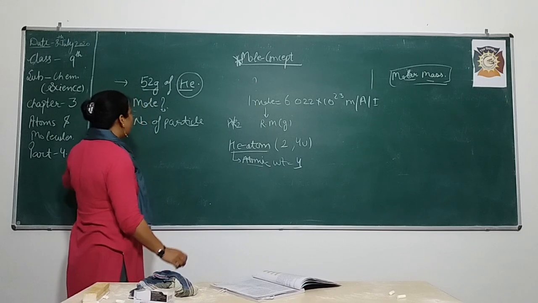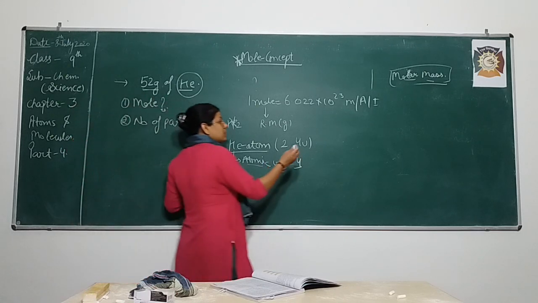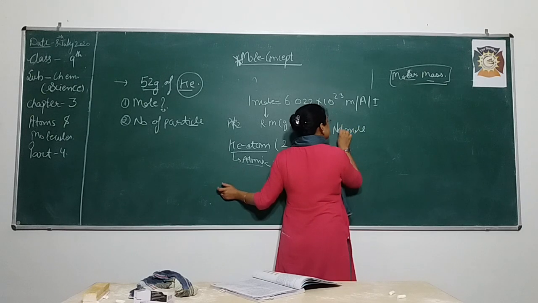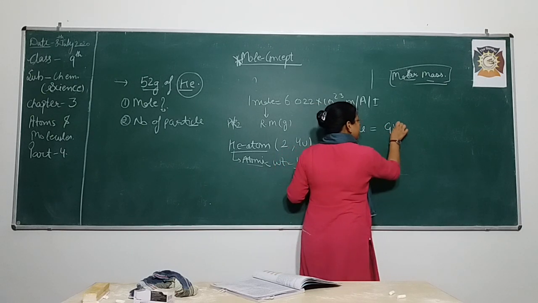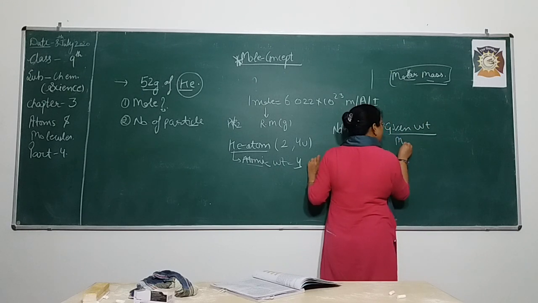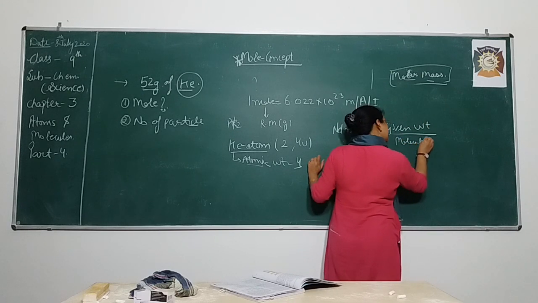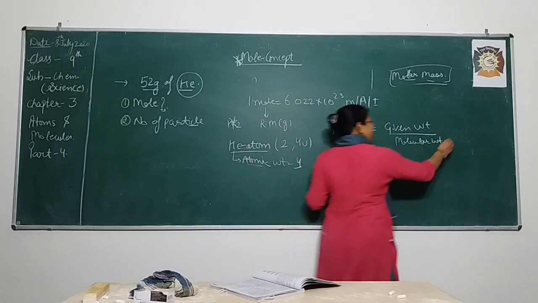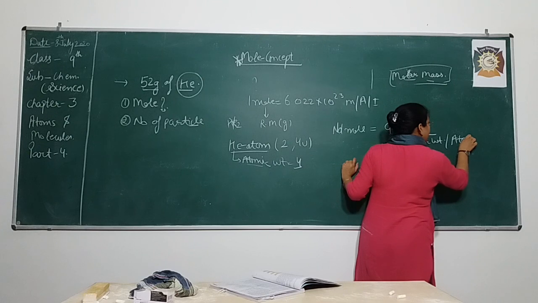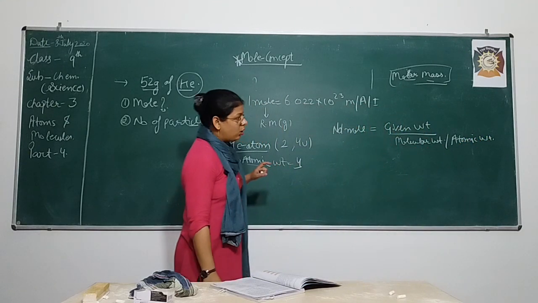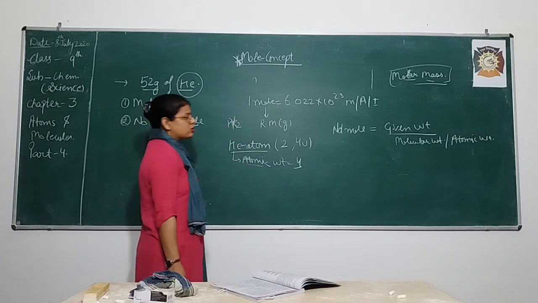Getting my point? Now, you can also say that the number of moles is equal to your given weight divided by your molecular weight, or in case of an atom, your atomic weight. That is also a formula. You can remember this formula also, or without remembering this formula we can also solve this.